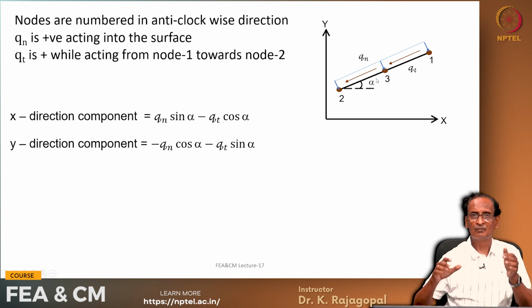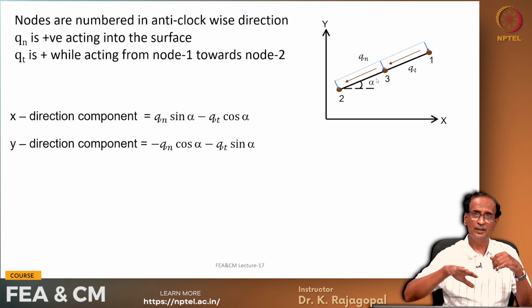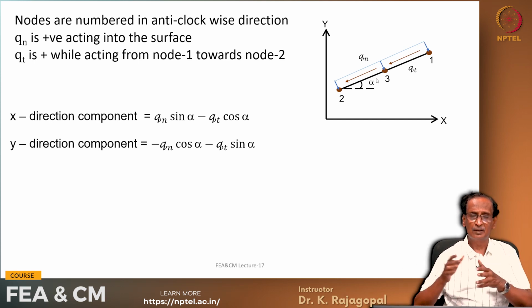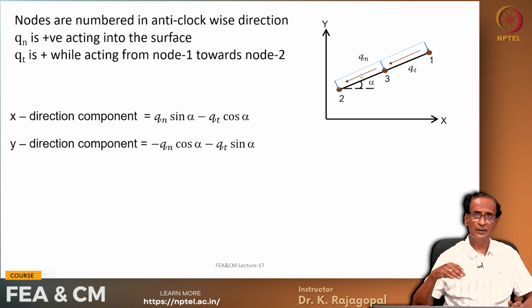Basically, we are just resolving Qn and Qt, using trigonometry, into x and y directions, while our x and y are the coordinate directions, and Qn and Qt refer to the element surface.